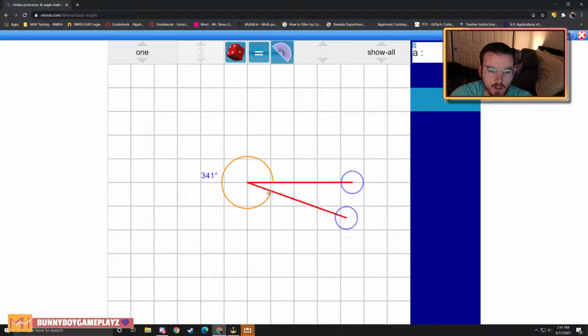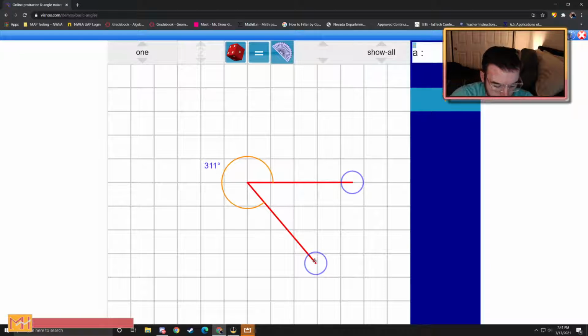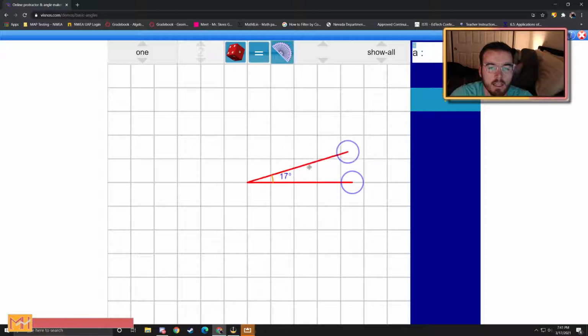Okay? So this is the terminal side that I'm moving, and this is the initial side. And we have things that are called coterminal angles. I wish this tool was a little bit better, but 90 is coterminal with negative 270 if I were to go all the way around negatively.